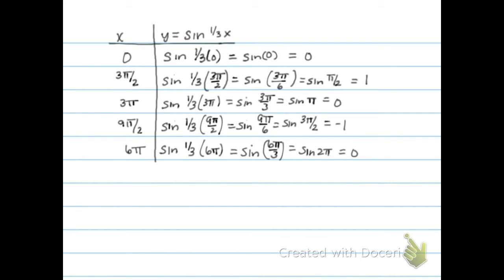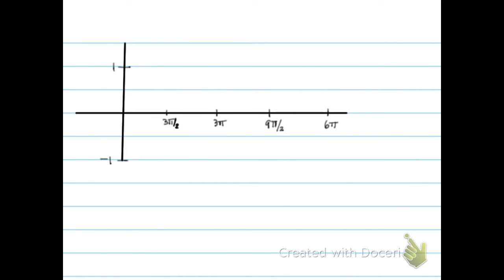Okay? And then my last step is to create a graph. Okay, so I have my coordinate plane with my angles, and starting at 0, I am at 0. At 3 pi over 2, I am at 1.